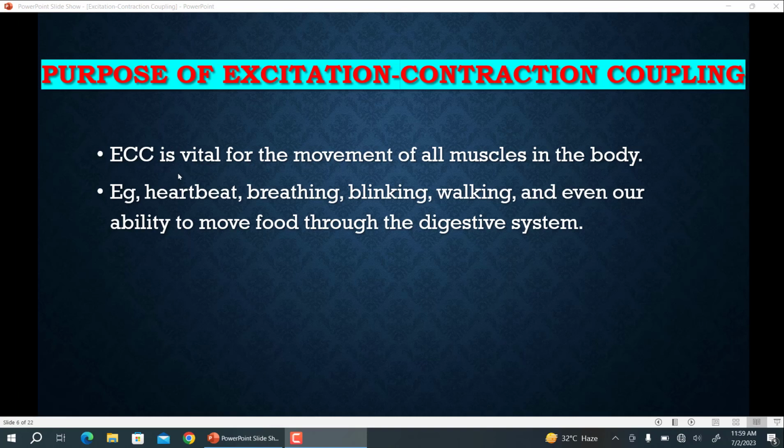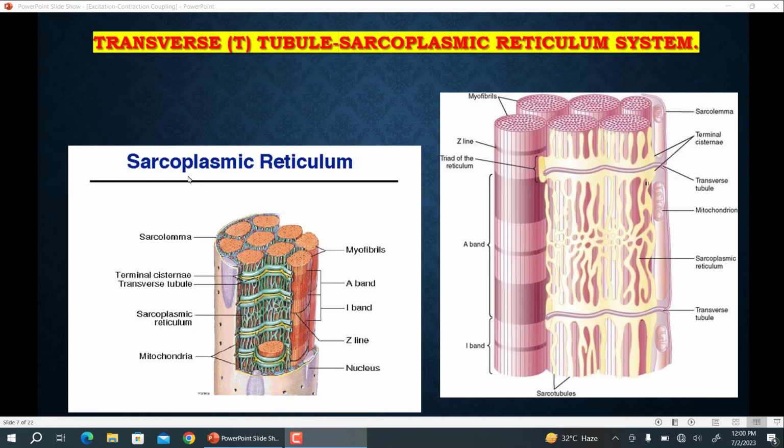For example, heartbeat, breathing, blinking, walking, and even our ability to move food through the digestive system: ingestion of food, its mixing, its propulsion through the digestive system, and digestion. For all these mechanisms, we need the excitation-contraction coupling mechanism.